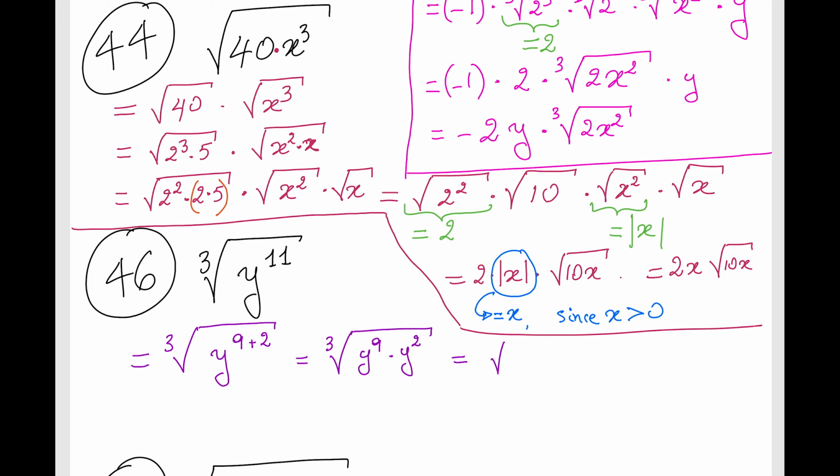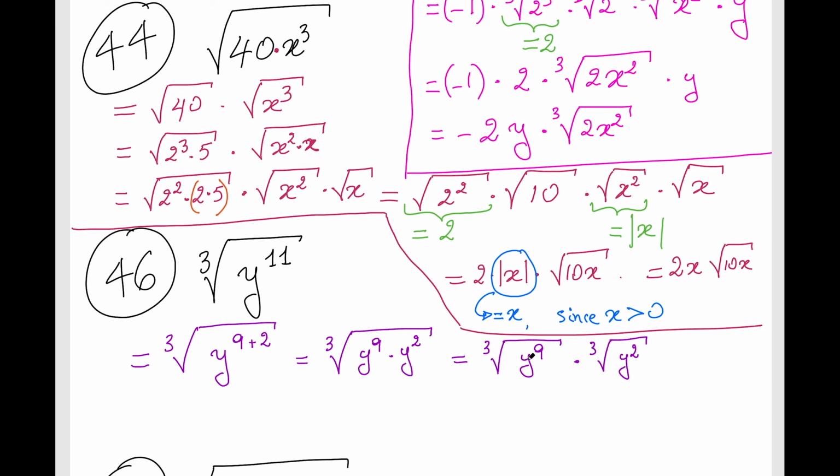And this is the same thing then as the third root of y to power 9 times the third root of y to power 2, correct? This is a simplified expression. Why? Because there's no divisor of y squared, other than 1, which is a perfect third power, right? We only need 2 copies of y to come up with this entity, y squared.